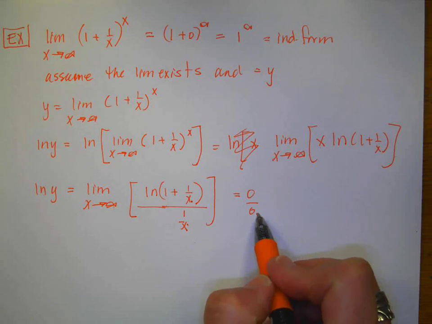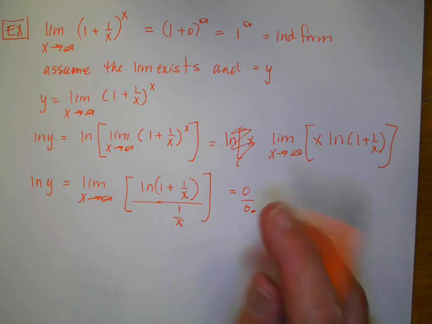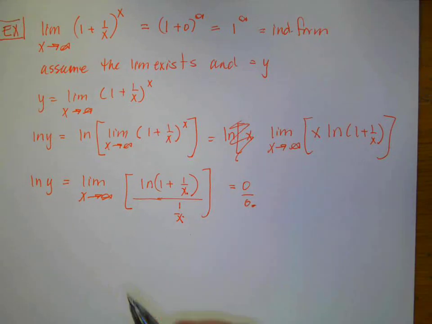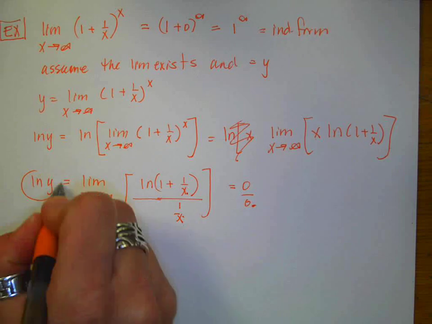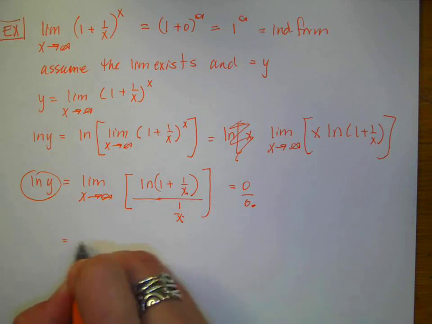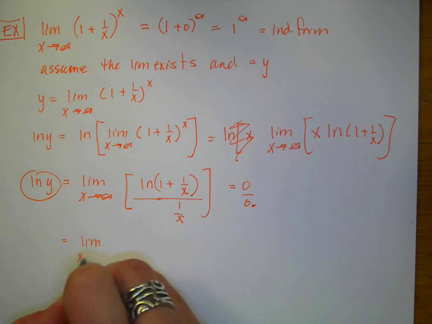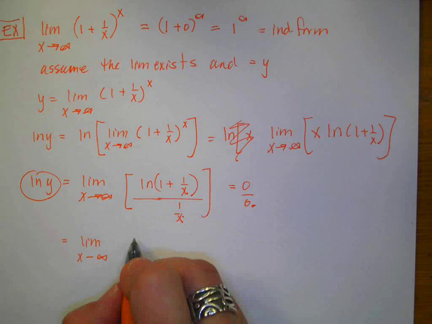Now I'm going to manage the inside. I'm going to take my derivatives using L'Hopital's Rule. I'm not going to do the left side yet, so I'm going to circle it so I don't forget. I'm going to take the derivative of this side with L'Hopital's Rule. I write the limit as x approaches infinity.